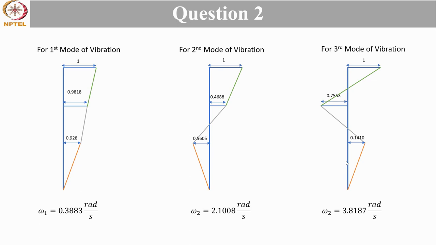After this, what can be done? From this we can calculate the participation factor for each mode of vibration. We know the deformation profile for each floor, and we know the mass matrix.